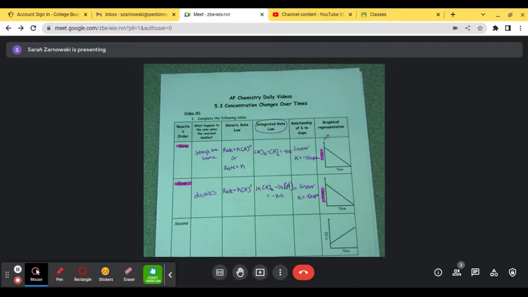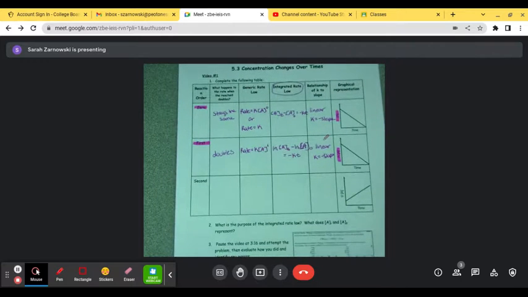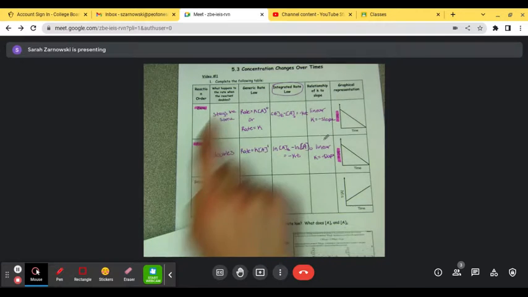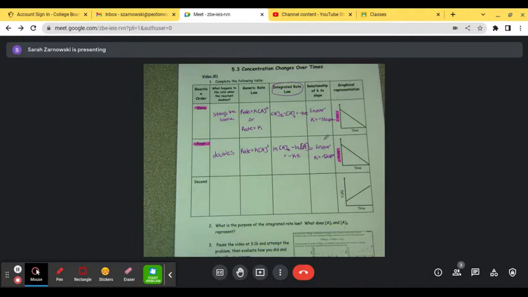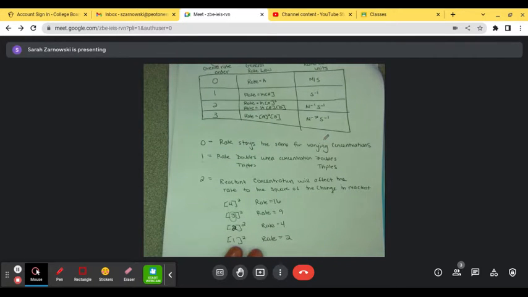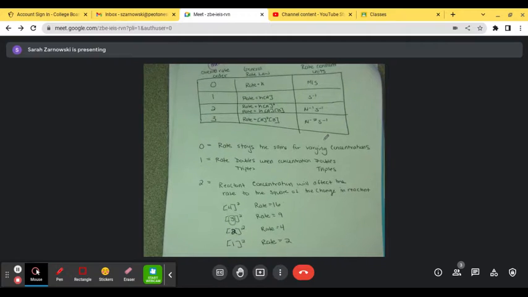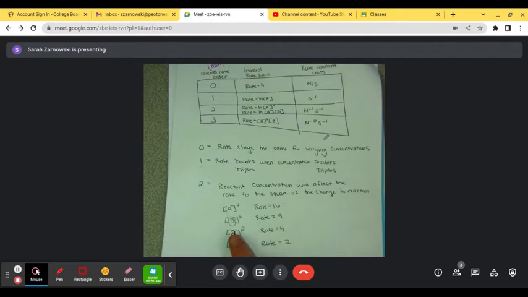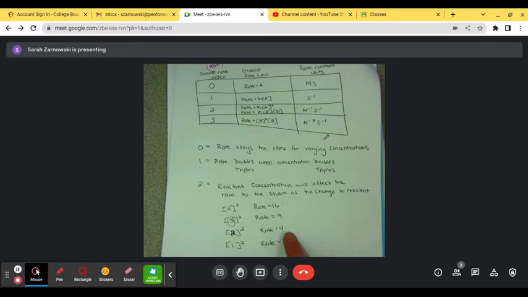Then for second order, what happens for second order? Okay, for second order, if you remember from our notes here, if I flip them back a page, if the concentration is doubled, then that means you're going to take 2 to the square and the rate's going to increase by 4.